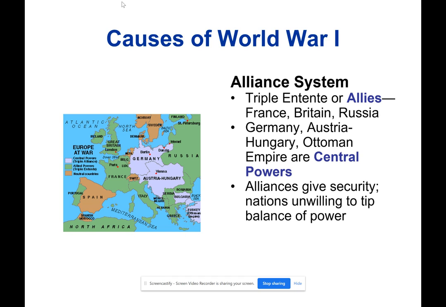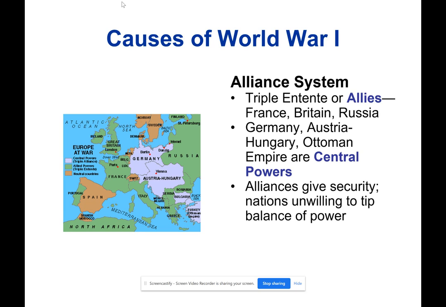We have the alliance system. Okay, we have France, Britain, and Russia on one team, basically, and then we have Germany, Austria-Hungary, and the Ottoman Empire.